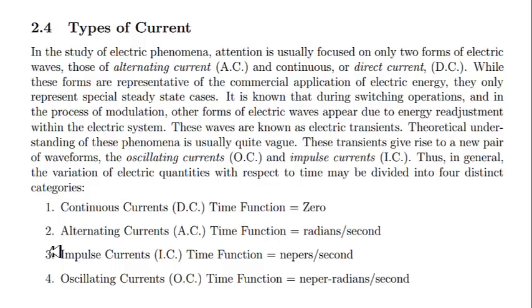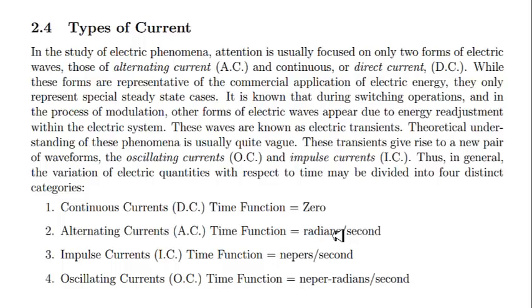And then you have these two that don't get talked about very much, which are impulse currents, and their time function is in nepers per second. I'm not really sure how to interpret nepers other than the fact that it is like a power. This is a unit, kind of like radians is a unit.